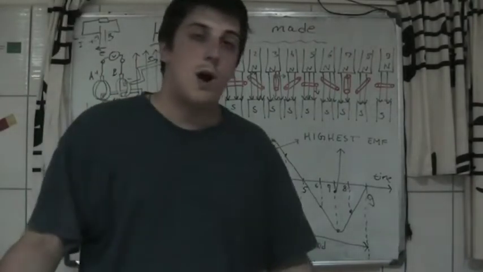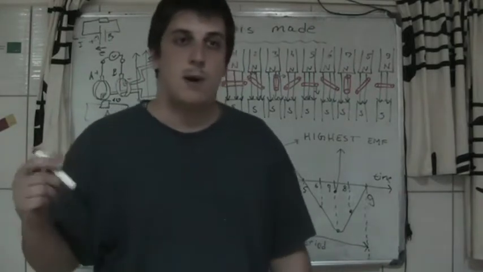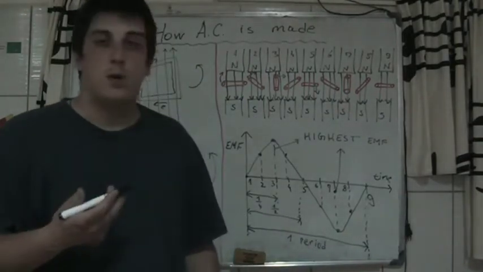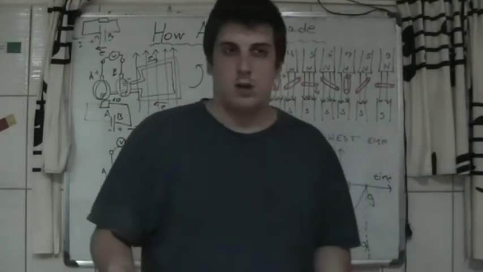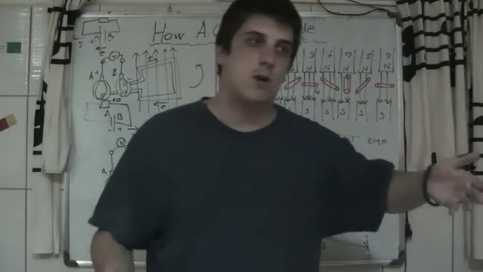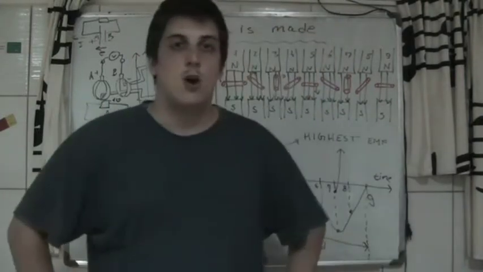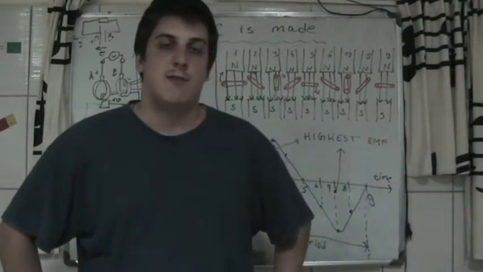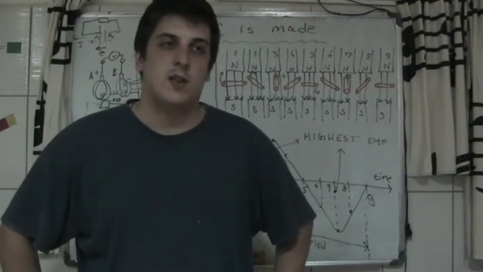Okay, 1 period is a rotation, but how do you calculate the time of 1 period? Well, if you're in USA, all of your generators and motors have a frequency of 60 Hz. What does that mean?